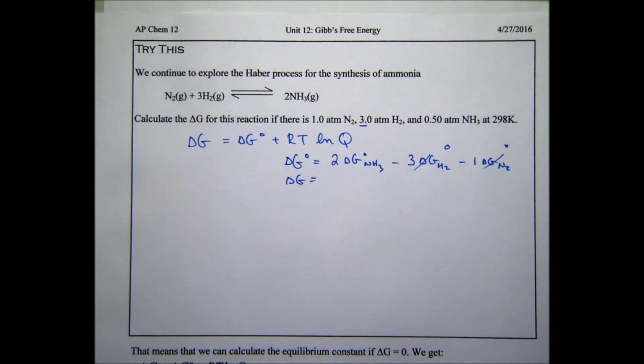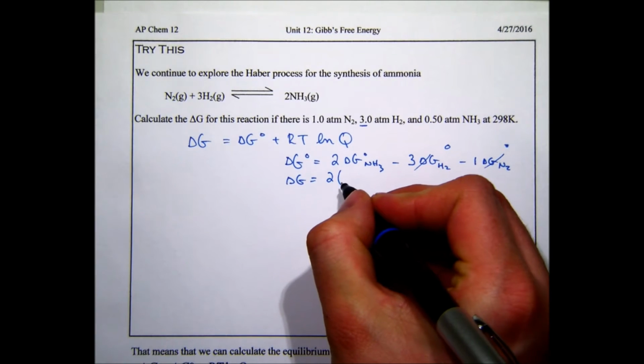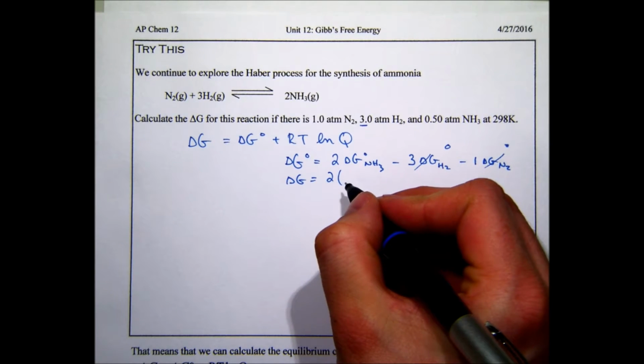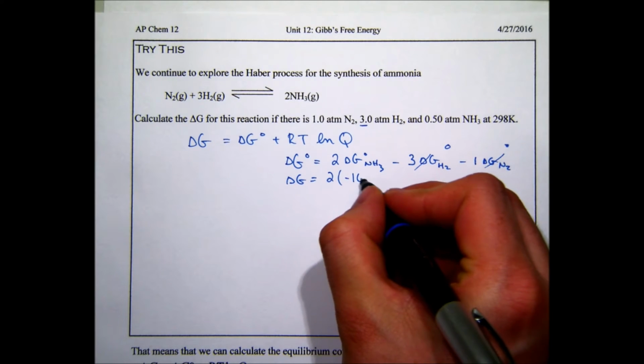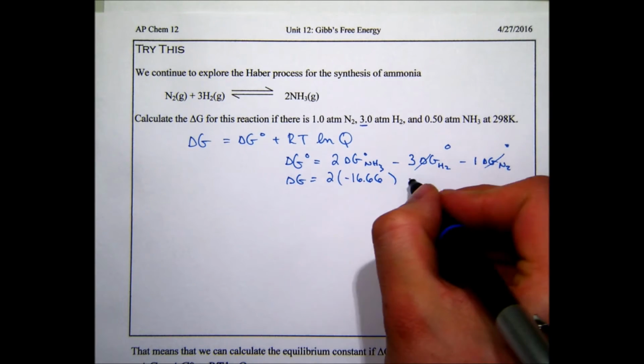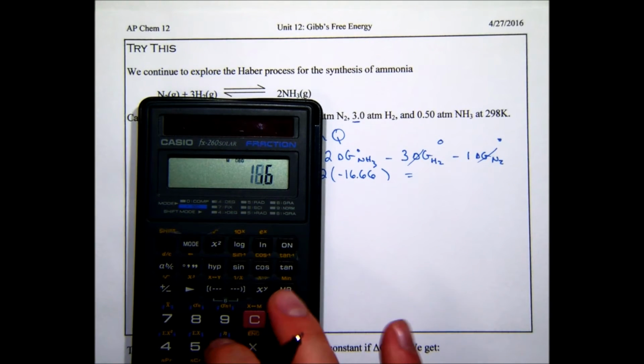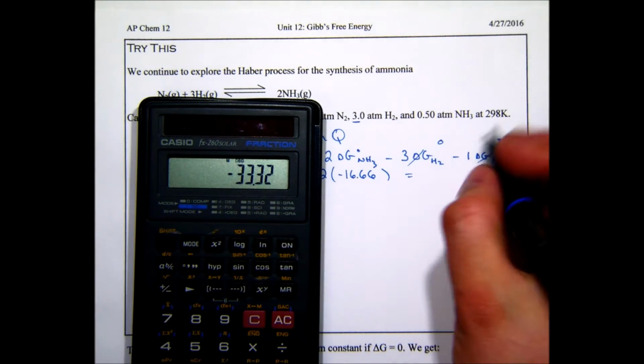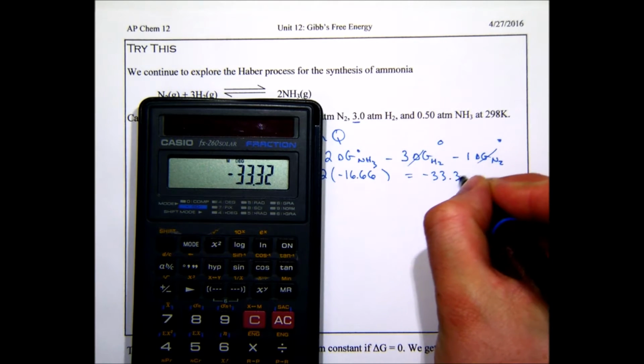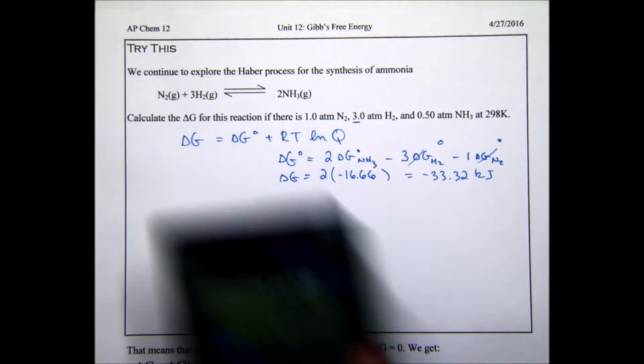So delta G is equal to 2 times ammonia, negative 16.66, times 2, negative 33.32 kilojoules.